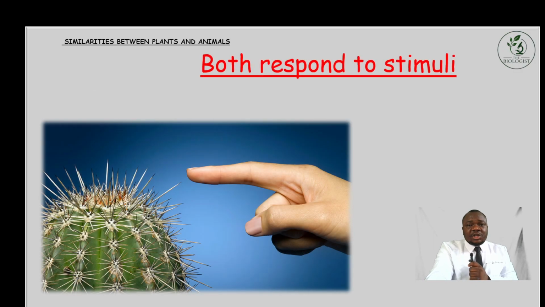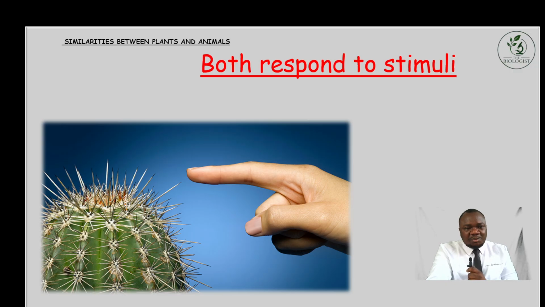The next one is stimuli. In terms of stimuli, both organisms respond to stimuli. If you see this picture, this plant has some sharp thorns.